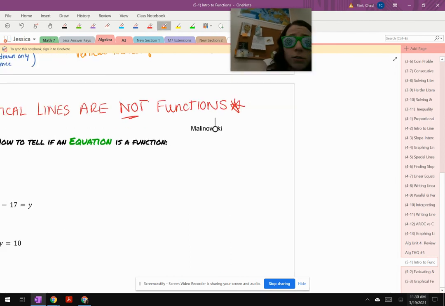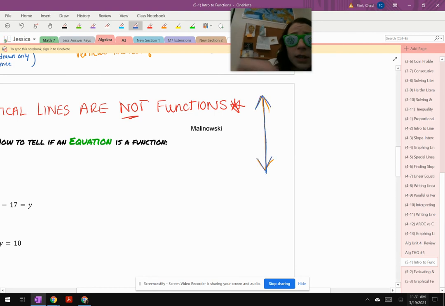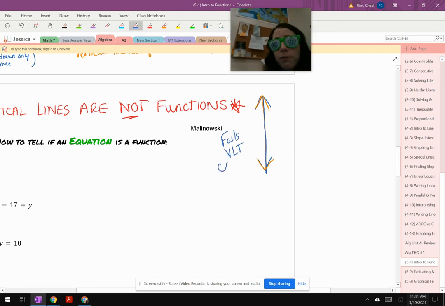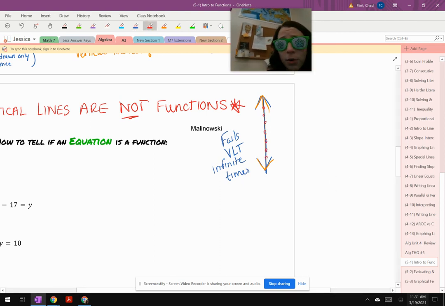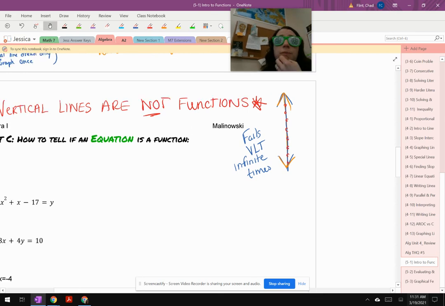And I'm just going to, again, show a diagram of that. If I have a vertical line, it fails your VLT. Let's spell out the word infinite. Each one of these points on this line is it crossing more than once. So keeping that in mind.